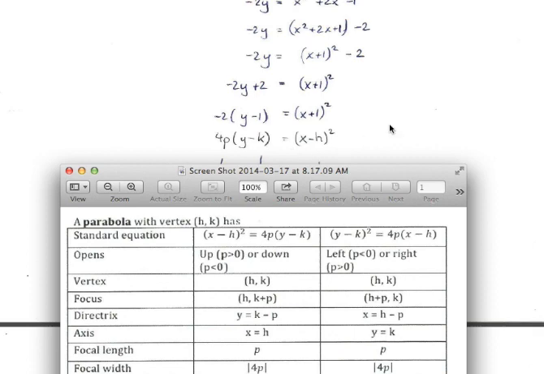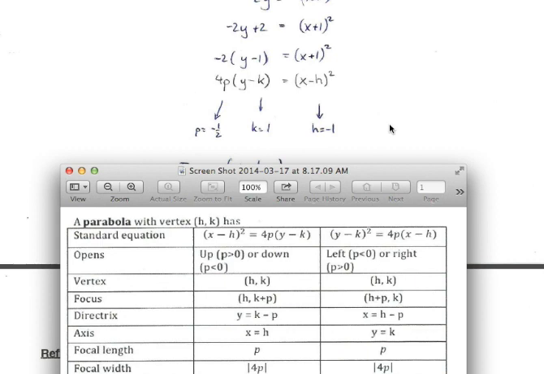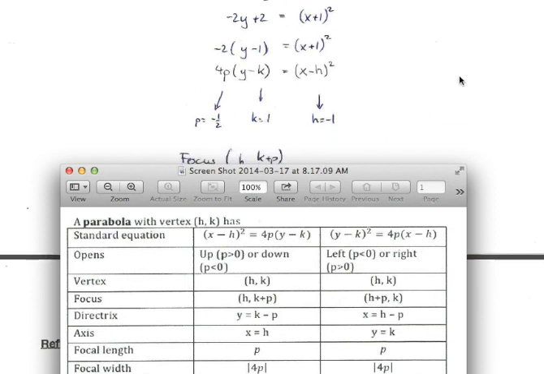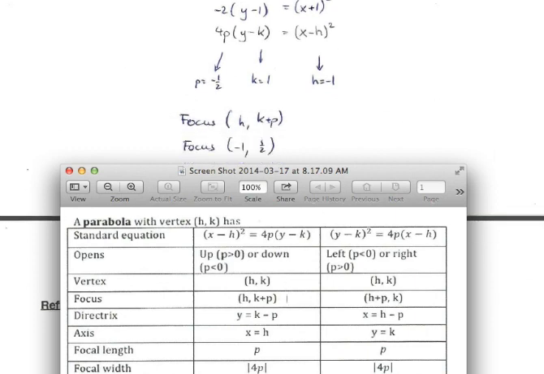So we can very easily find now that p equals negative 1/2, k equals 1, and h equals negative 1. So we are in the first column. The question was about the focus. Where is the focus? The focus is h, k plus p, therefore the focus is negative 1, 1/2.